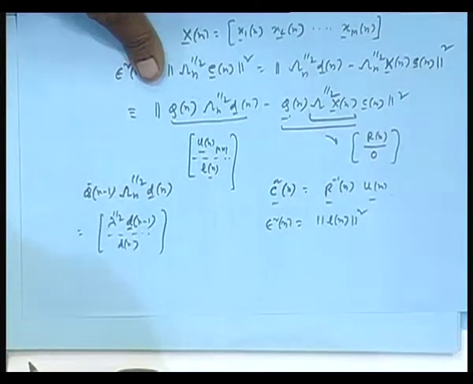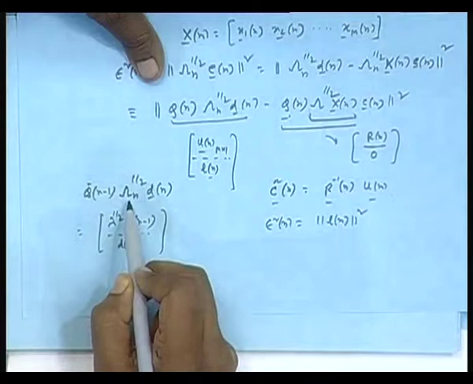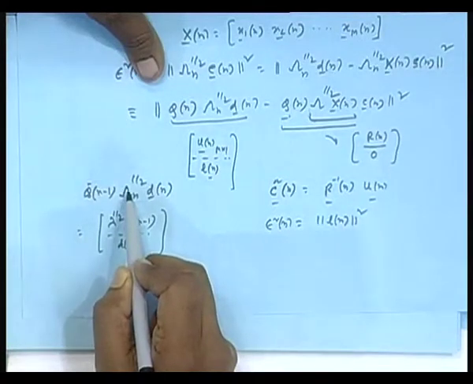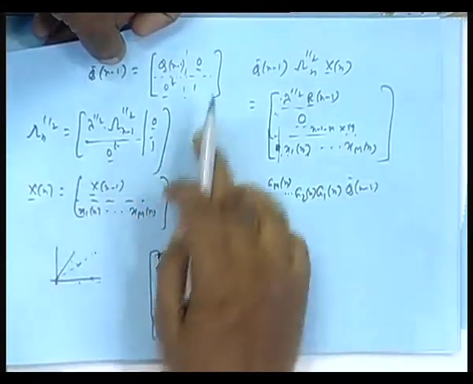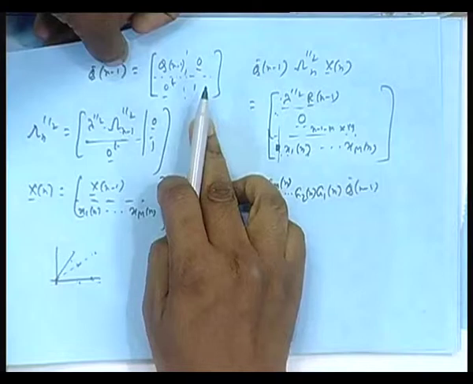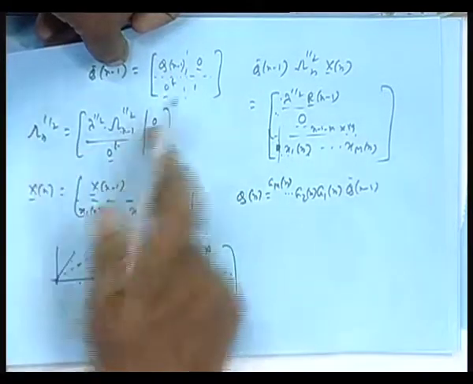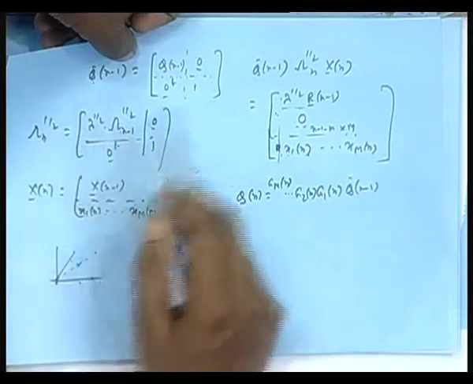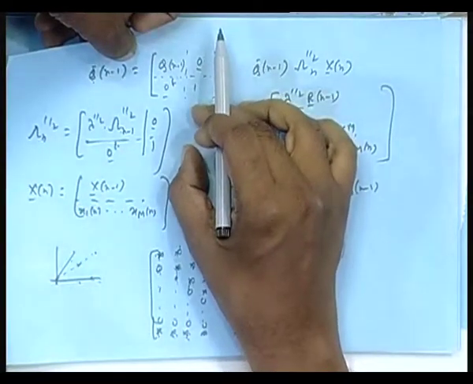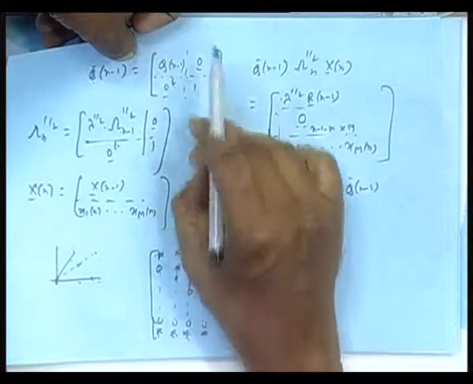No? This lambda n to the power half, as I told you, we can always write like this. What is it? Is it this times d n and q n minus 1 before that. So, this working on d n minus 1 and 0 times the last. So, forget the last entry.